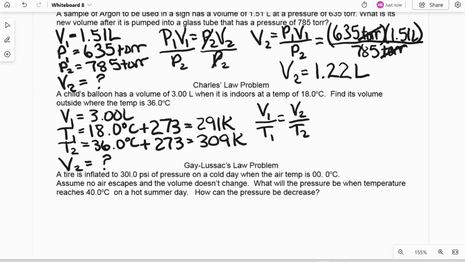We're solving for V2. Because this is a divided by, this is a direct relationship. So temperature went up, we expect for volume to go up. Let's get V2 by itself. We'll multiply each side by T2.